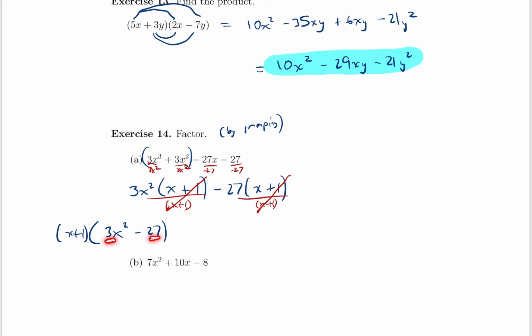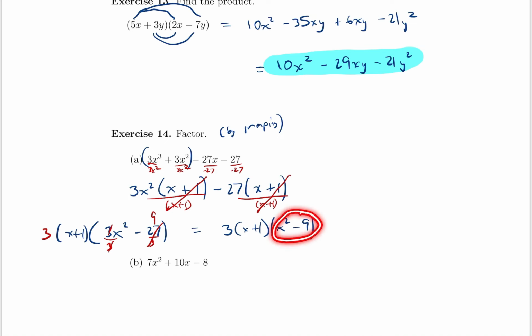And notice that there's a common factor here, 3. So we can take out the 3 and move it out to the front. And this becomes 9. So now we have 3 times x plus 1 times x squared minus 9.